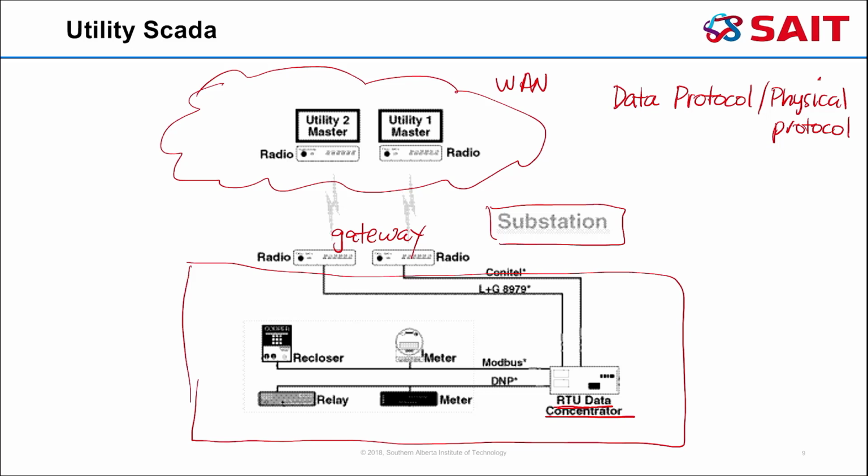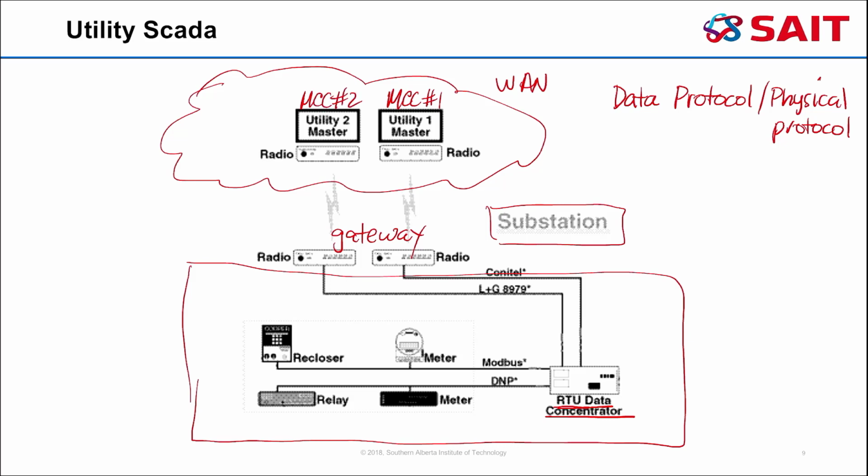So in this case, we actually have either two departments or two utilities monitoring the same location and possibly controlling a few things like breakers, switches, things like that. But there's two utilities or two masters. So you could think of this as MCC number 1 and MCC number 2.